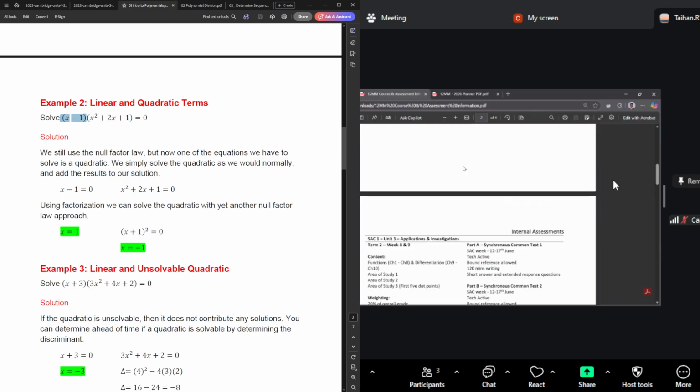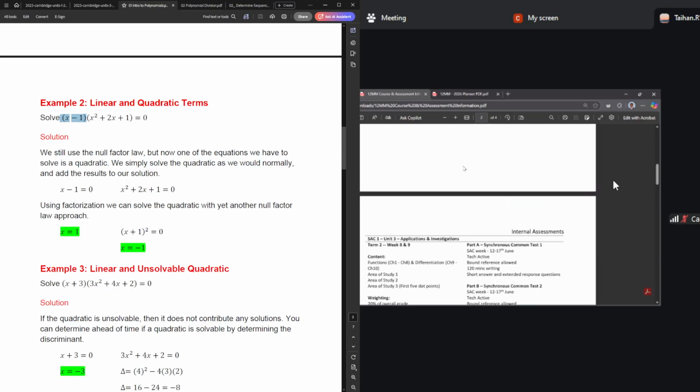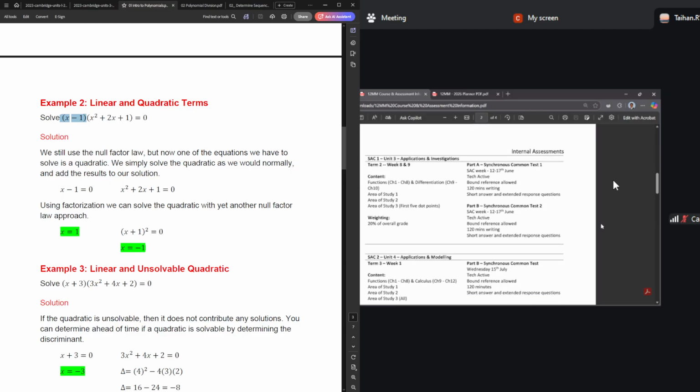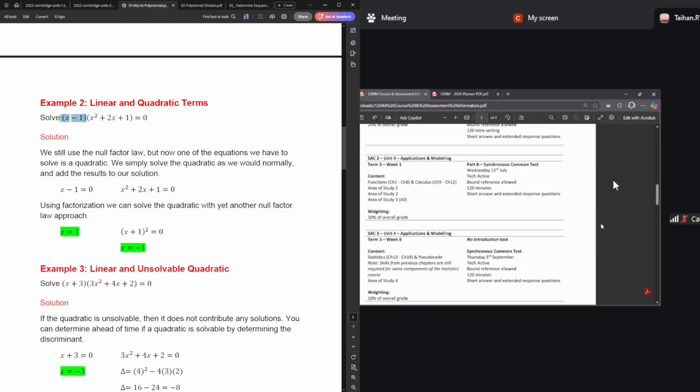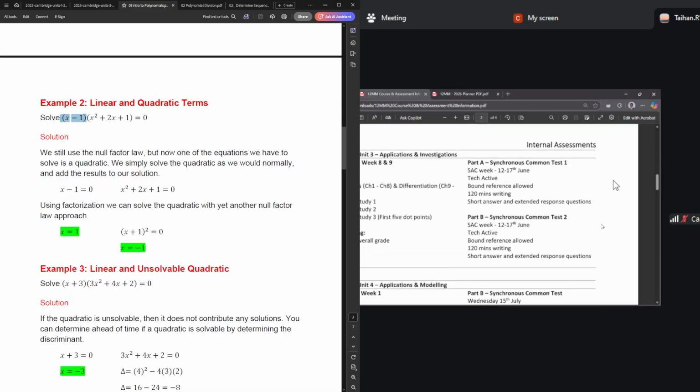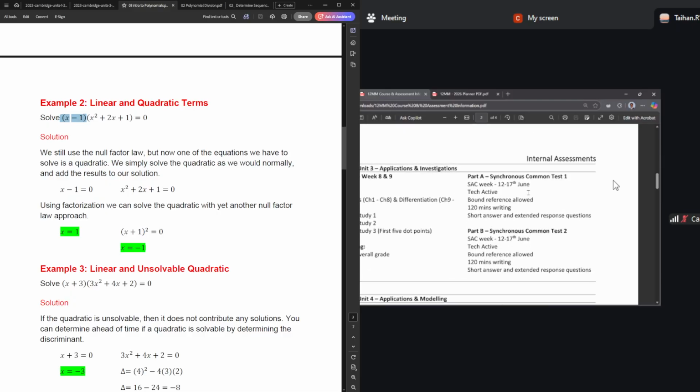So this is basically the SAC schedule that I have for my school, because I was talking to you before I started tutoring about what my SAC would be like. Our schedule is a bit weird, as my first SAC is near the end of term 2. I don't know how common that is. That's super common, I would say. Only very few people have SACs coming up soon. That's the rarity.